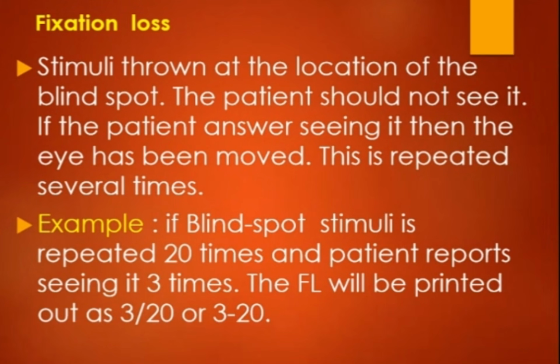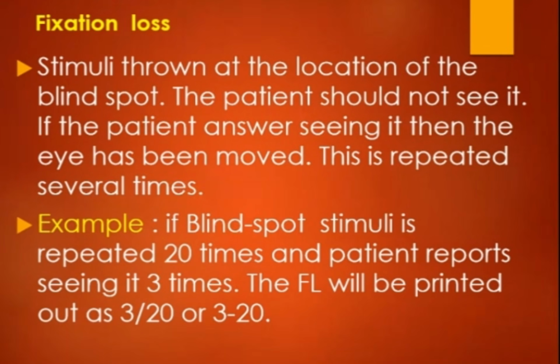So it will be recorded as 3/20. Then you can get the percentage of 3/20 to know if the percentage is less or more than 33%, or to be on a safe side, if it is more or less than 25%.